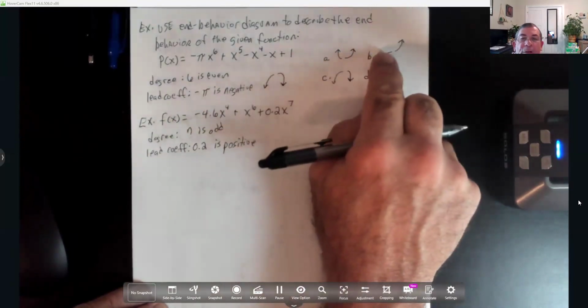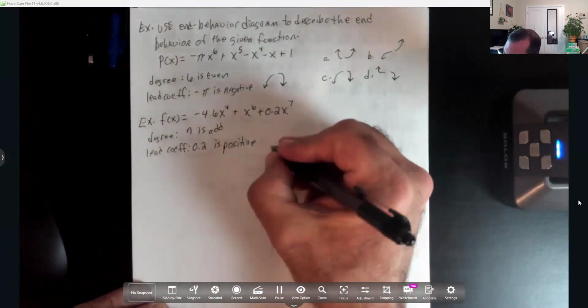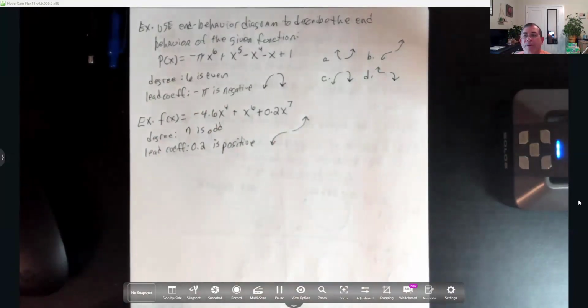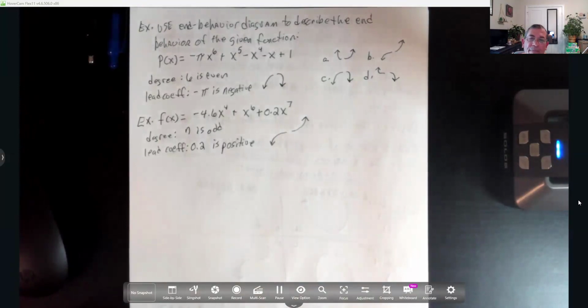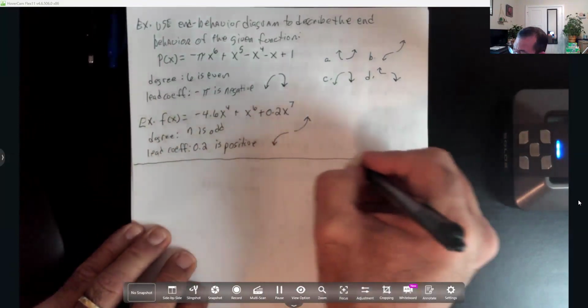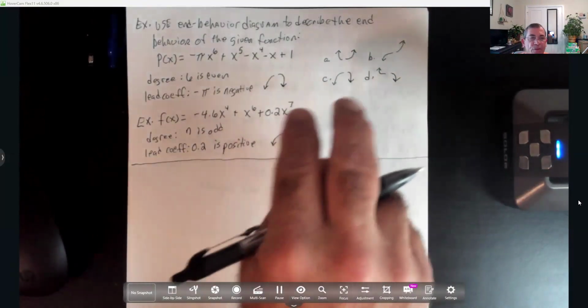We said if the degree is odd and the lead coefficient is positive, this graph would definitely go uphill, left to right. That's the beginning of this: they're just hitting y'all with 4 problems where you have to look at the function and determine what the end behavior is going to do.